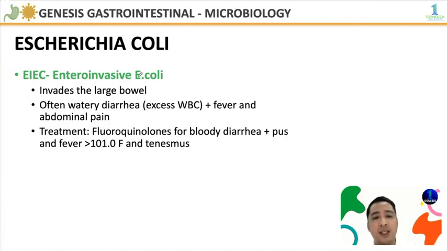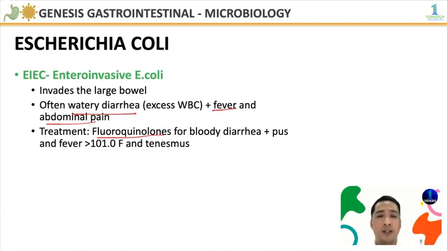But take note, it is similar to your Shigella. Often, it will present with watery diarrhea. Because it is invasive, it will trigger inflammatory response. There is fever and abdominal pain. The management is to give fluoroquinolones. Best example, ciprofloxacin.